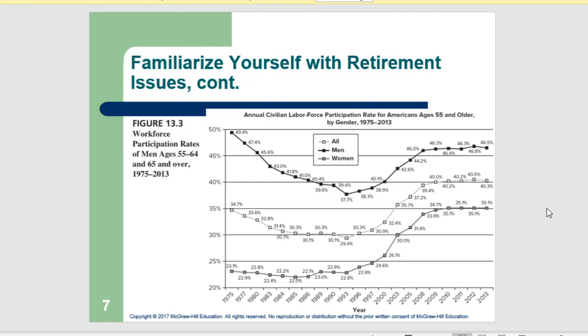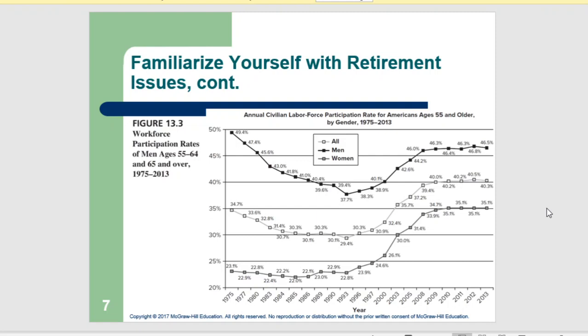You can see that in 1975, a large rate, 50% of men, were still participating in the labor force at age 55 and over, and that declined rapidly through the early 90s, but has since rebounded. So the percent of people working in late life has increased since the mid 90s.